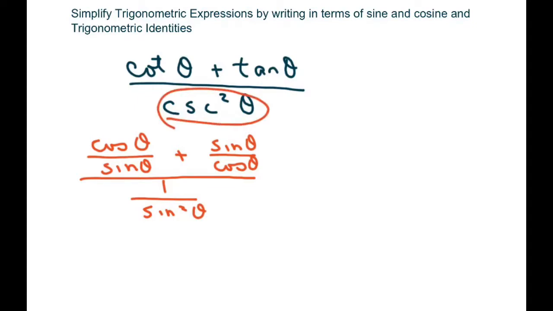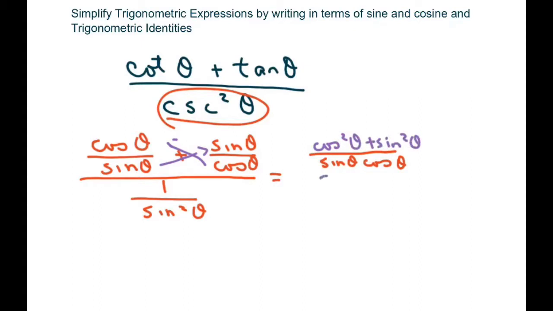So I wrote everything in terms of sine and cosine. I'm going to take the numerator and write my common denominator, which is sine times cosine, and therefore I'm going to cross these two and multiply, and I'm going to get cosine squared plus sine squared. And then I still have 1 over sine squared.